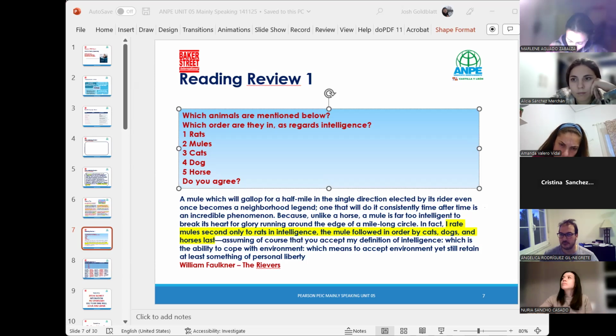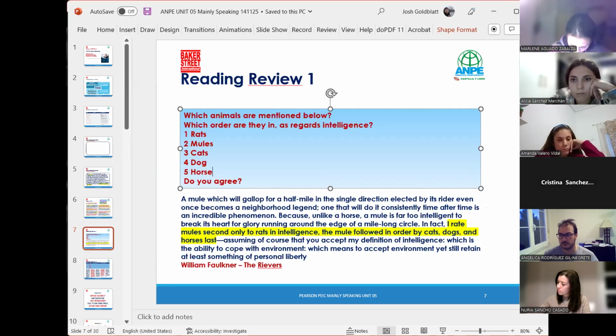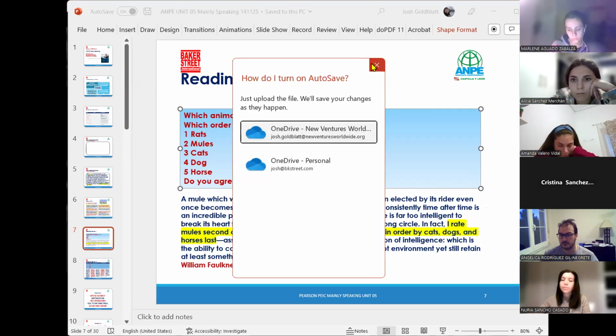I think there are different types of intelligence. Maybe if we are talking about brain intelligence, like knowing which button to push, they are rats. But maybe cats are intelligent because they can walk along a very thin wall.